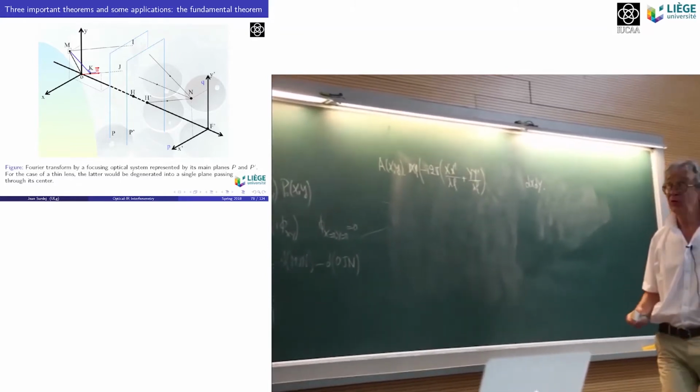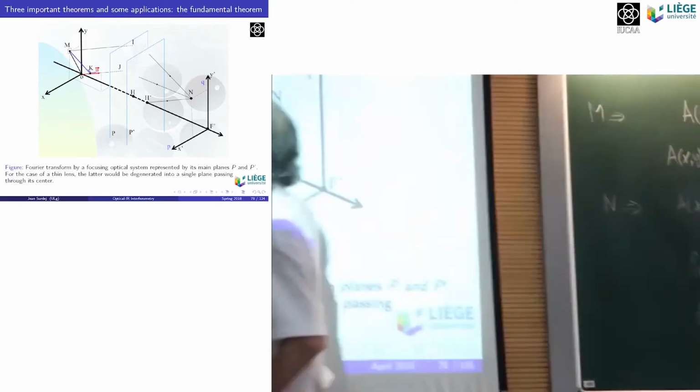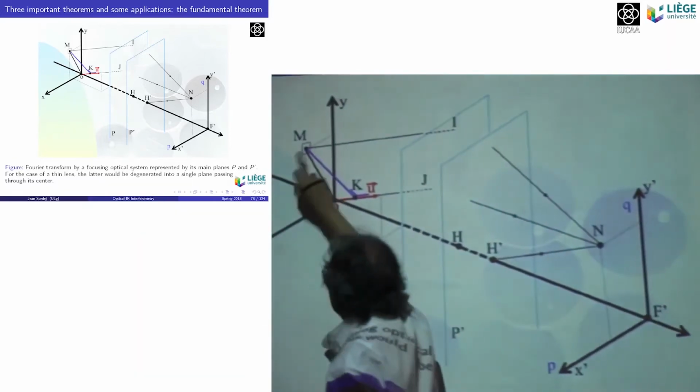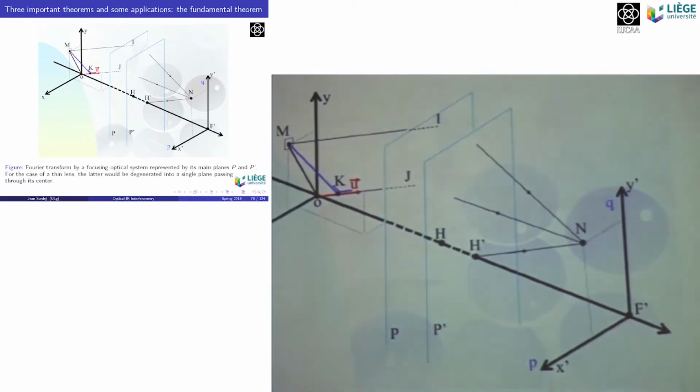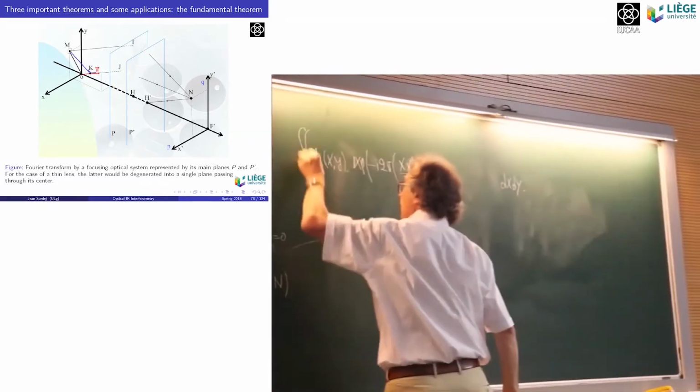Now, do you agree that here at the point N, I receive contributions from all the points in the pupil plane? So I have to integrate over all the points M in the pupil plane. So I integrate.